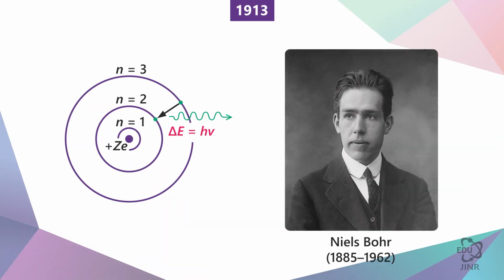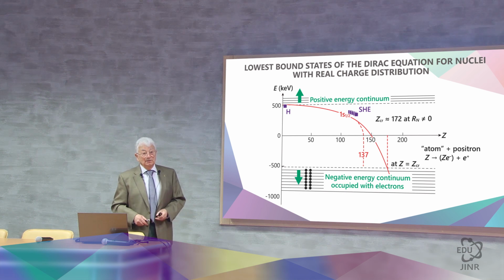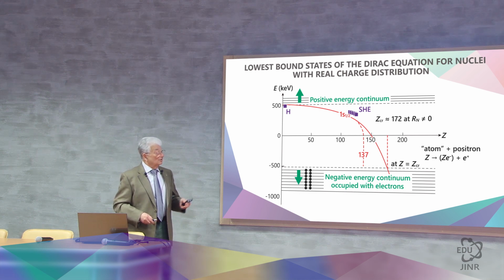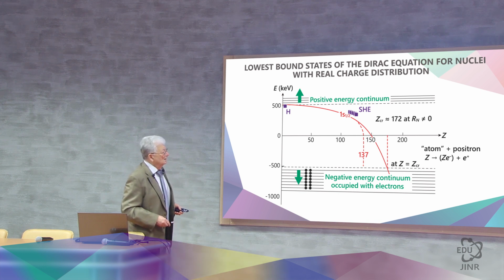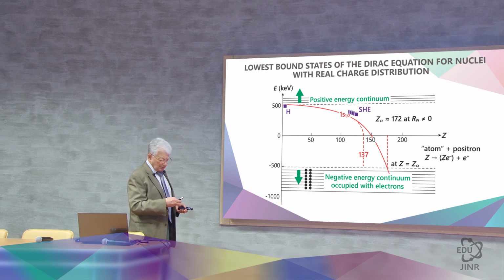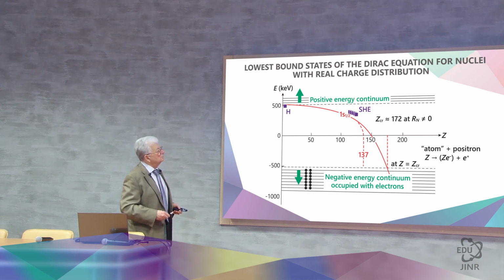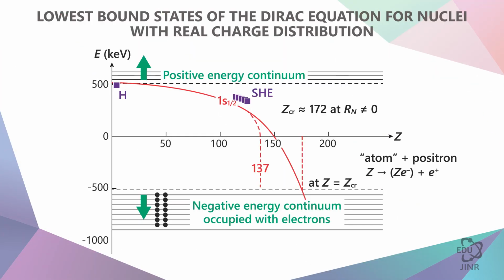From the point of view of Bohr's construction, the nucleus is in the middle, around which the electrons orbit, and this movement was calculated not only by Bohr, but also by Dirac, calculated by way of quantum electrodynamics, which takes into account the fact that the electron has half-integer spin. It turns out that an atom can be very large. Its atomic number can even be as high as 176.